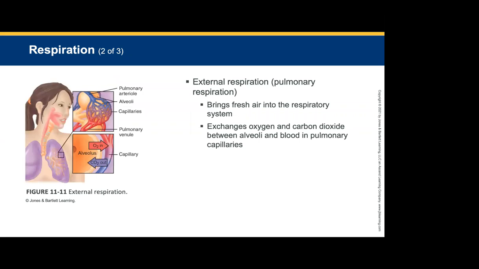External respiration is the pulmonary respiration, as you can see right here, where it breaks down from the capillaries into the pulmonary system. You see the alveolus bringing oxygen in, and the alveolus taking CO2 out, and that's where the exchange happens.